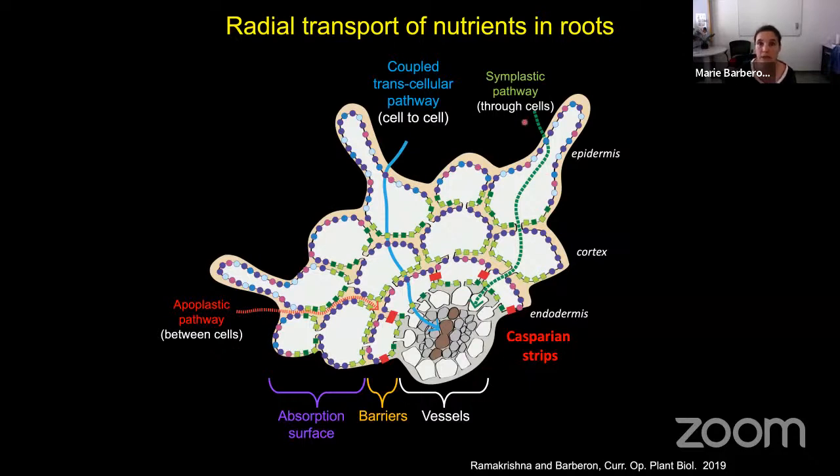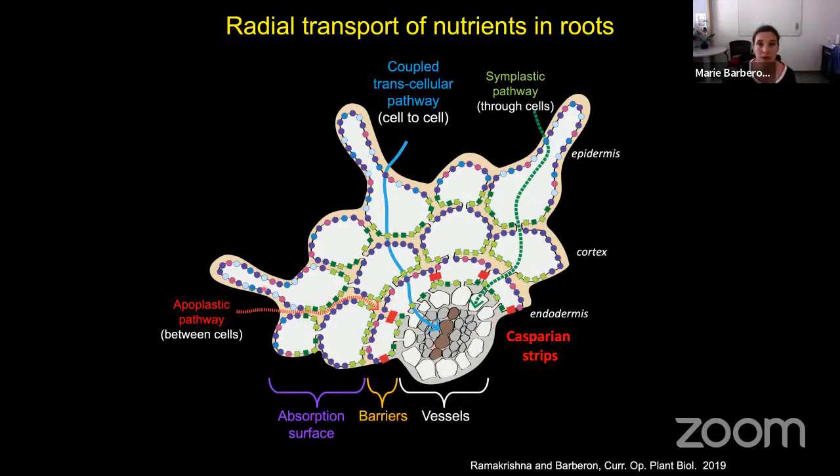There is one pathway that we call the symplastic pathway, where nutrients can be transported from cell to cell through what we call plasmodesmata, which are cytosolic connections. Then there is the apoplastic pathway, where nutrients can be transported in the apoplastic space between cells, and this will be blocked by the presence of barriers in the endodermis called the Casparian strips.